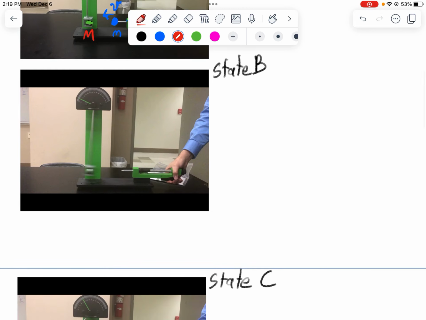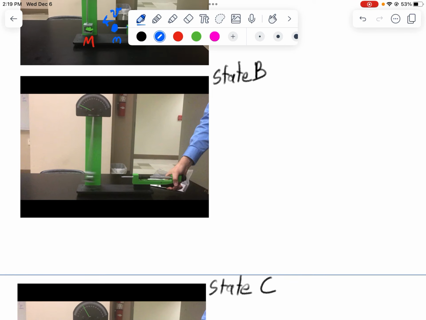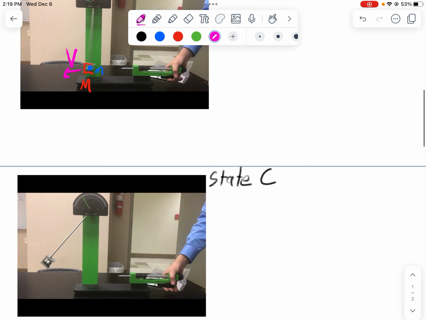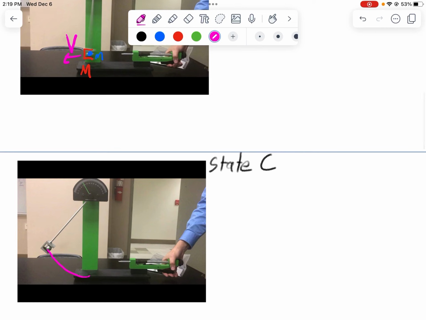In state B, mass little m and mass big M have combined. So this is the catcher, mass big M, and they are together now moving at a speed capital V, and the trajectory of this pair of masses in the pendulum is going to swing up like this until it has reached its highest height.